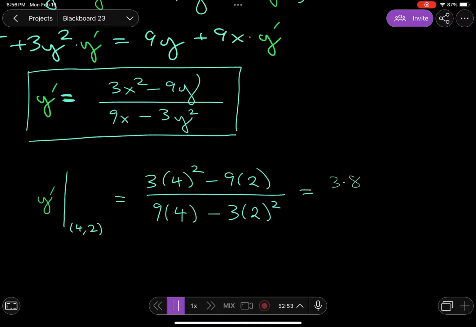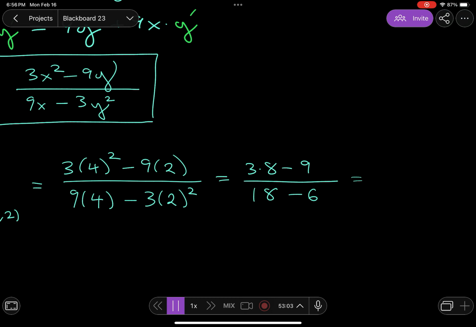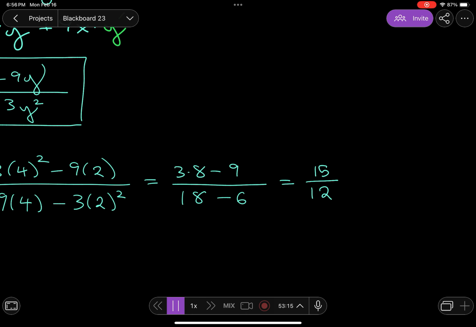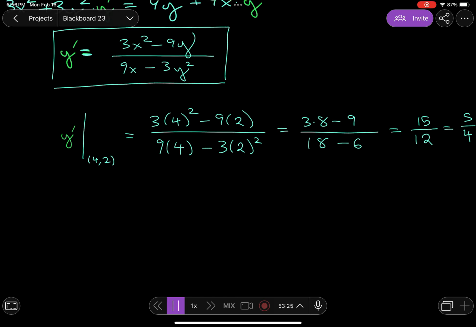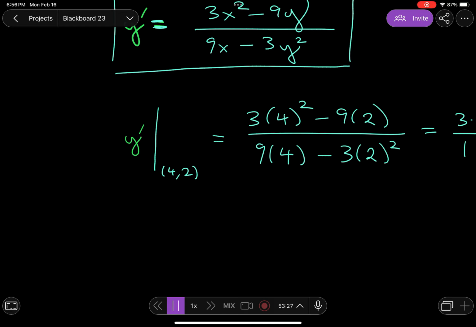I'm going to do it anyways. 12 in the denominator, and we got 15 twelfths. 3's cancel, so we got 5 fourths. Nice. All right, let's try evaluating that at 2, 4.